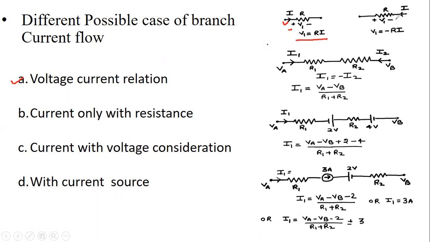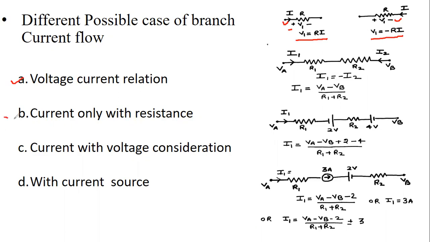If the current enters from the negative terminal, V1 equals minus IR. So the first thumb rule is current always flows from higher potential to lower potential. So V1 equals IR in case of positive to negative, and if current enters from the negative terminal, V1 equals minus IR.